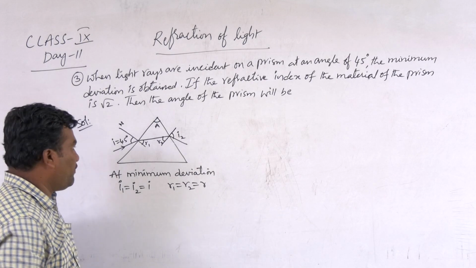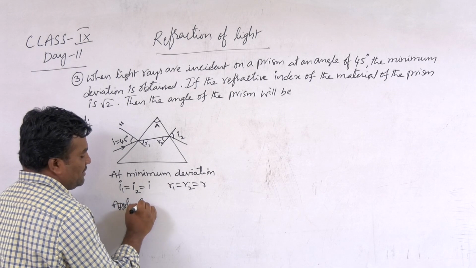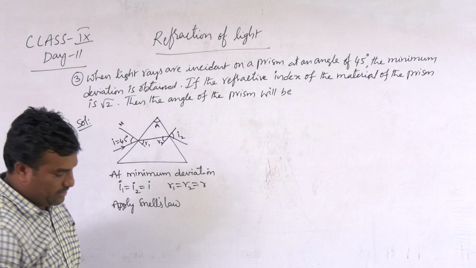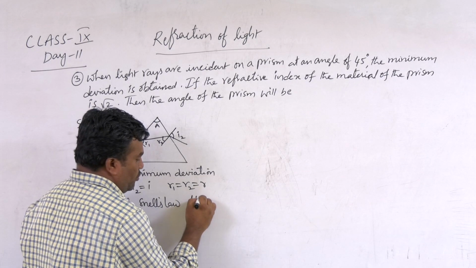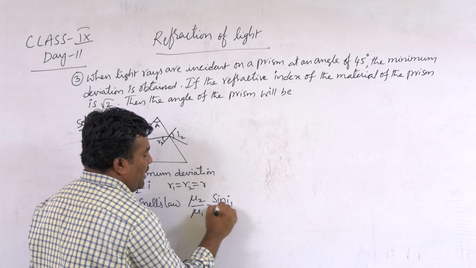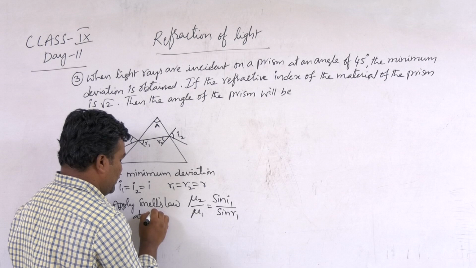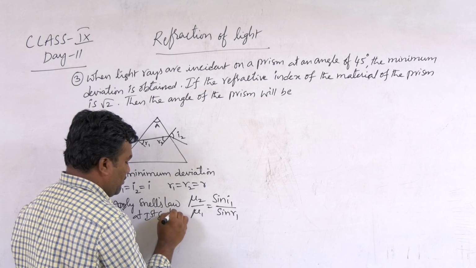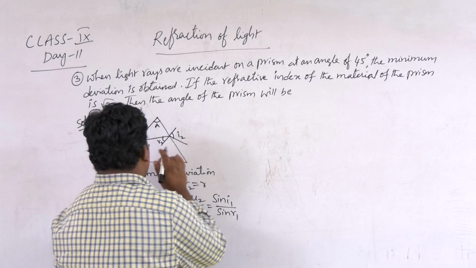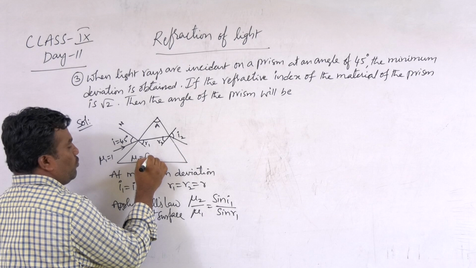First of all, we apply Snell's law on the first surface. So mu2 by mu1 equal to sin I1 by sin R1 at the first surface. Here mu1 is equal to 1, mu2 equal to root 2.